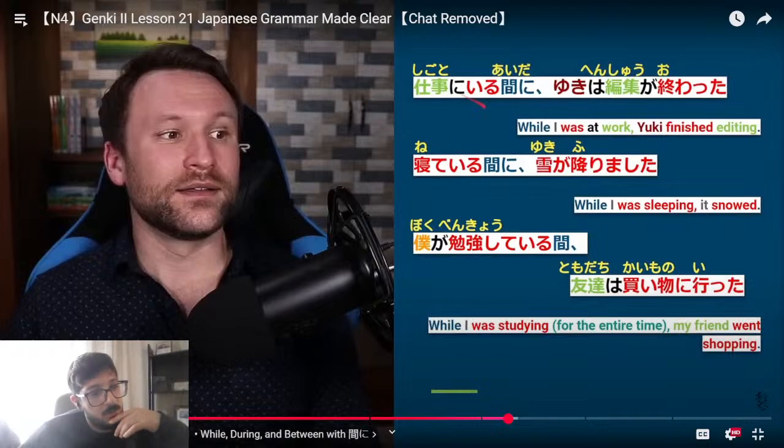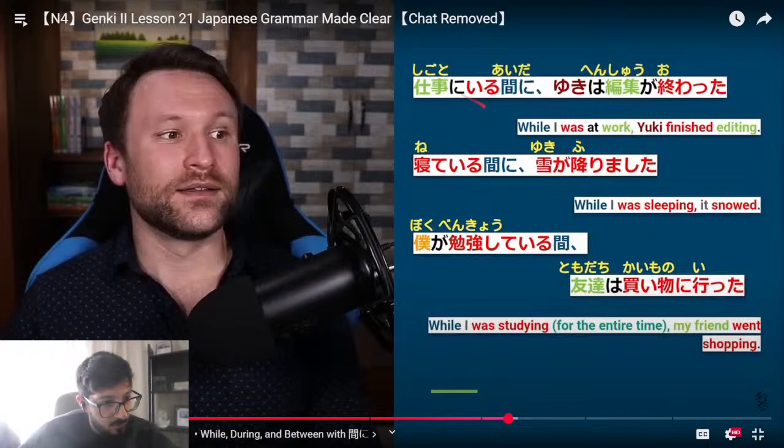隠れた. I hid below the table. So this one is intransitive. If you would use 隠す, what's the difference? 僕はテーブルの下に隠れた.